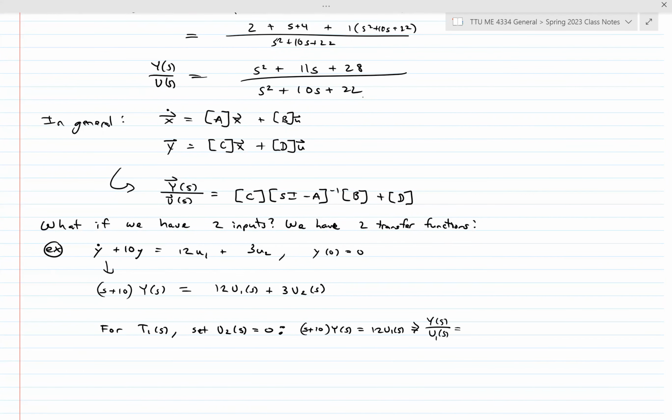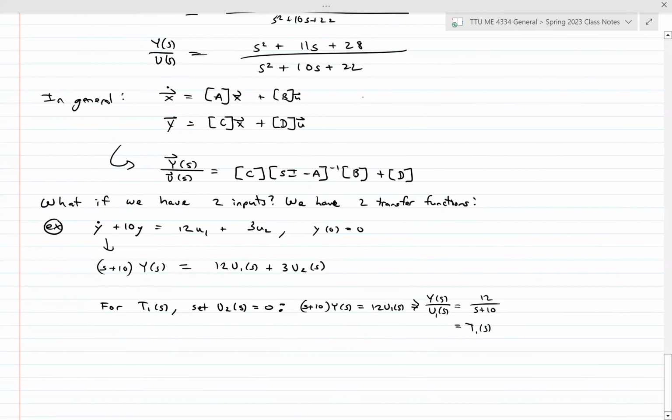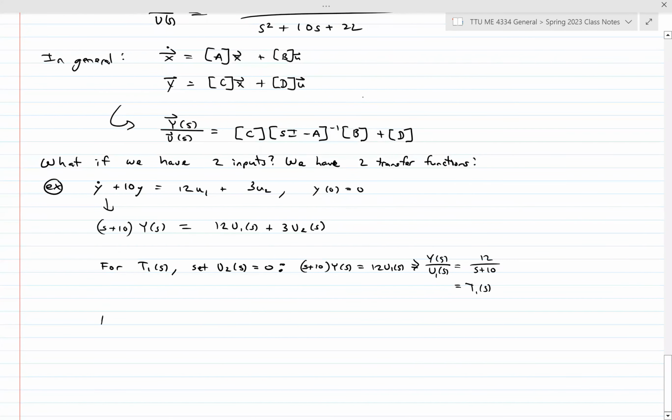So this is U1 now, and we'll call this T1(s). For T2(s), our second transfer function, set all inputs except for the second one equal to 0.